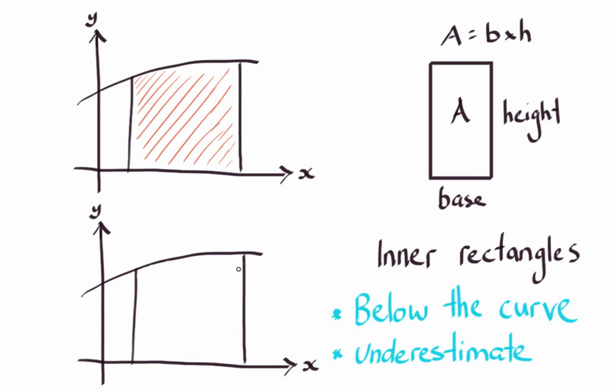The first thing we want to do is break this length here into 4 segments. So we'll halve it, and then we'll halve those again, because we want each of our rectangles to have the same width.